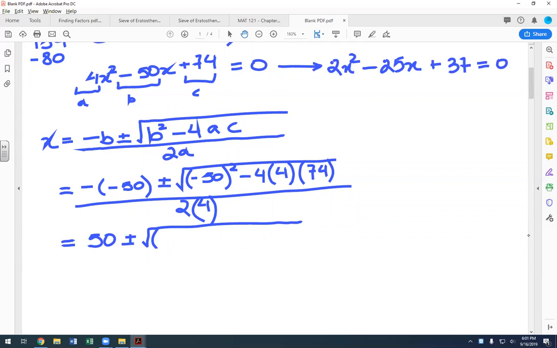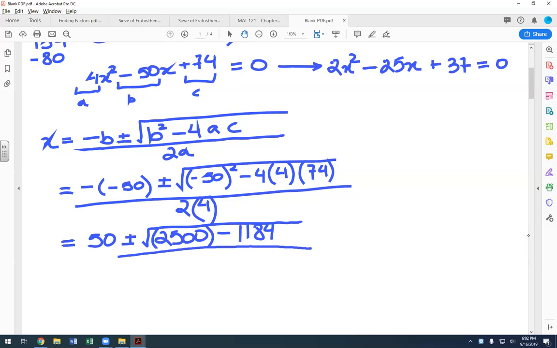What is negative 50 squared? 2,500. Yeah, 2,500. I guess technically I didn't need parentheses there. 4 times 4 times 74, or 16 times 74. 1,184.